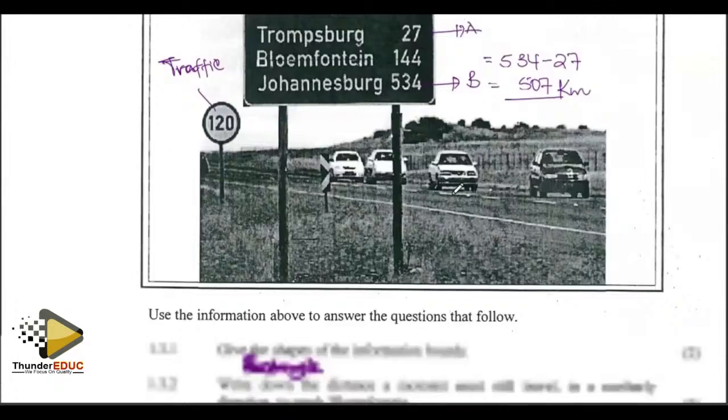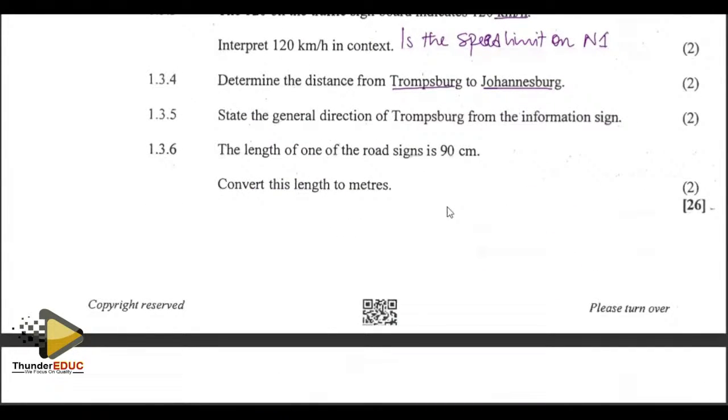We are saying we shall subtract 534 kilometers minus 27, and the answer became 507 kilometers.